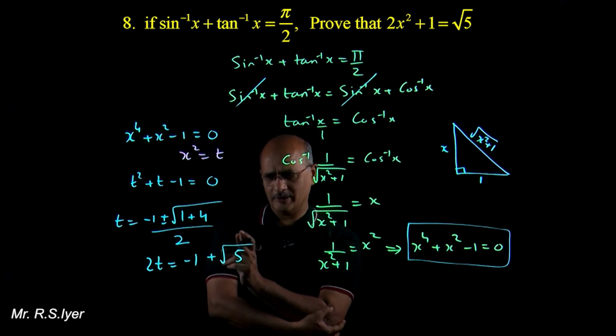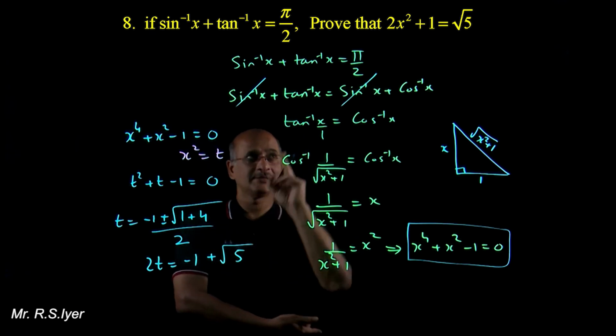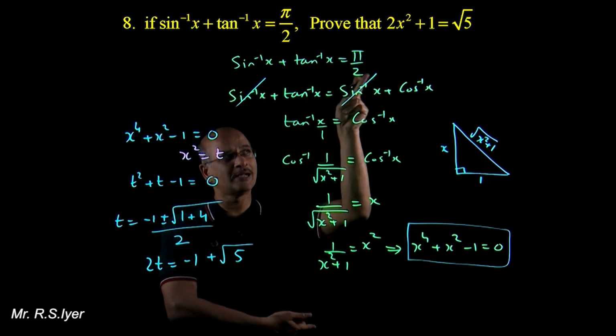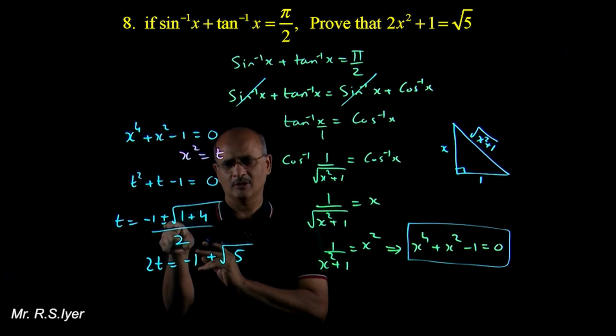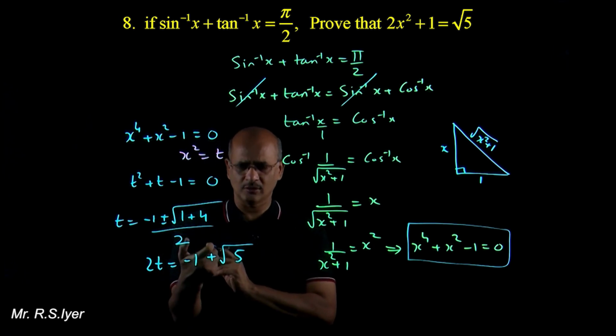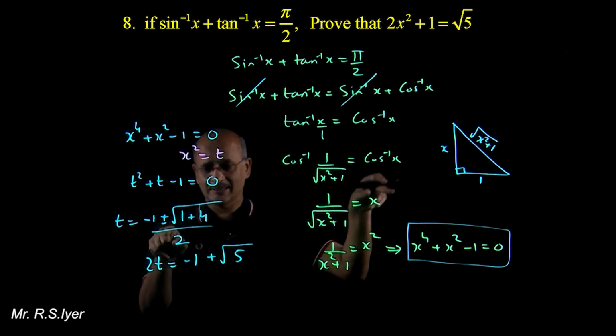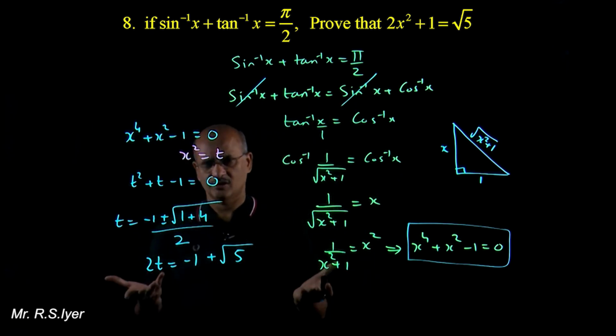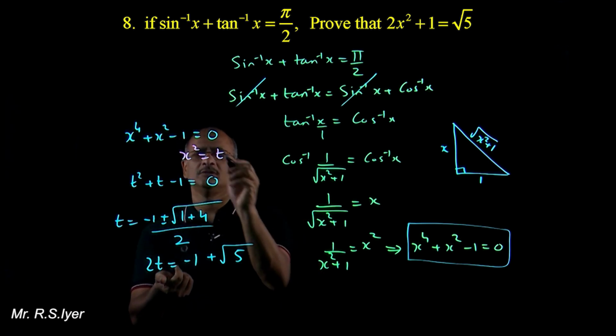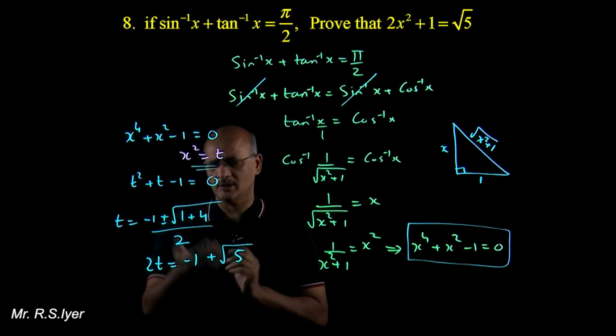Now what is the point which I tell you? As soon as I see the proof, it is given prove that it is equal to root 5. Root 5 is this. I just consider positive, because both the values are true, right? But in this case, they are asking us to prove the positive part of it. Finish. So what is t I took, look at this, t is equal to x square, replace.